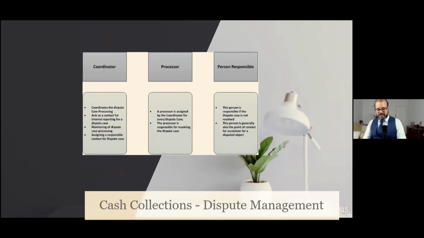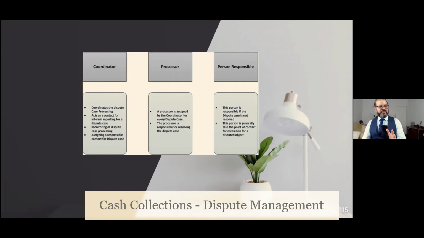Thank you very much for your answers. I'm very happy and excited to see that you have been closely following and monitoring what I was explaining. So we have a coordinator role, we have a processor role, and we have a person responsible. Person responsible is the one who is responsible to get it sorted. So it is his domain. So we are talking about accountability and responsibility.